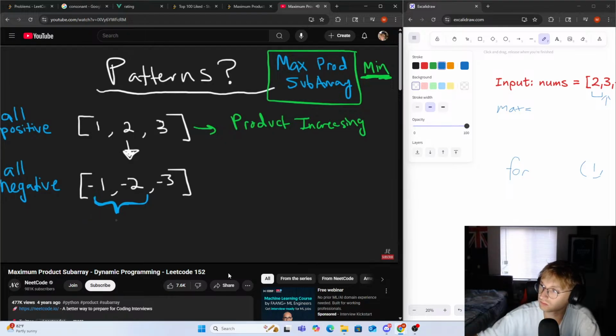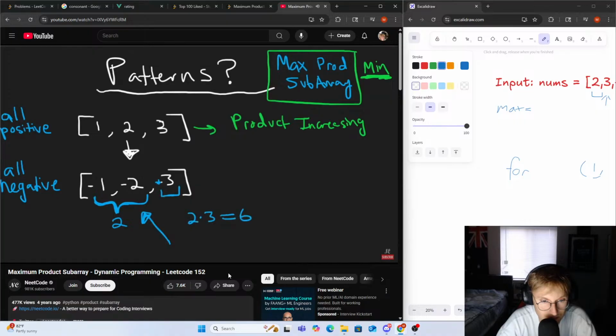We know that the max product subarray of this is 2. Now, if we had a +3 over here, then we would say, okay, if I can get the max subarray of the first two elements and multiply it by 3, I'm going to get 2 times 3. It works when these are positive numbers, but we actually have a negative 3 over here.